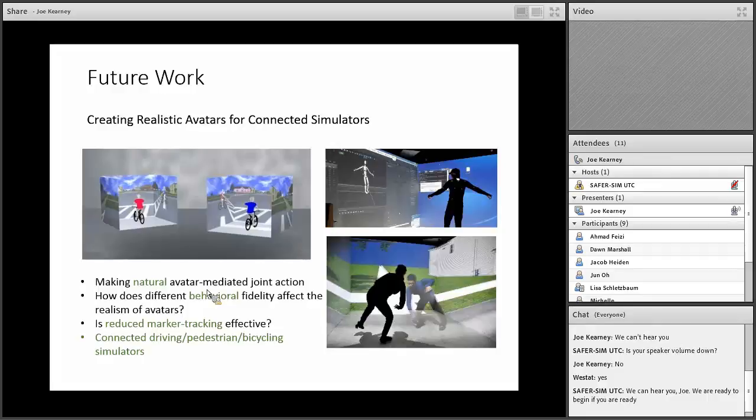And does that give us a realistic enough motion that we can get natural interactions? So those are some of the things we'll be looking at. We're delighted that the second version of the UTC grant was recently funded, and this will permit us to do all sorts of interesting collaborative work with our Safer Sim partners.